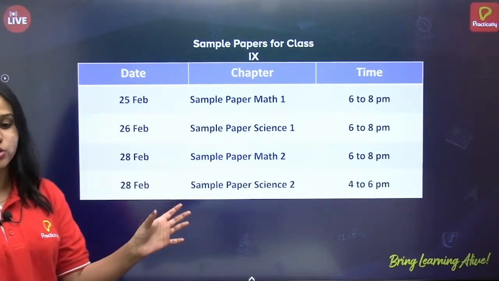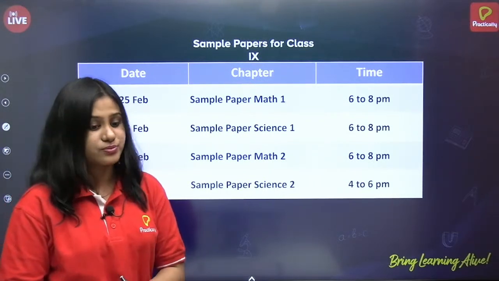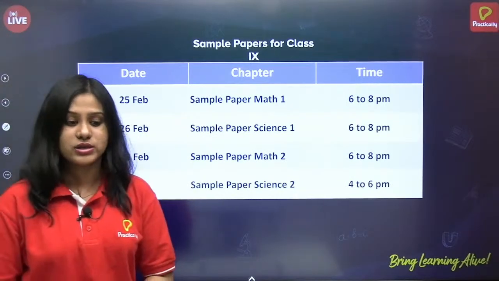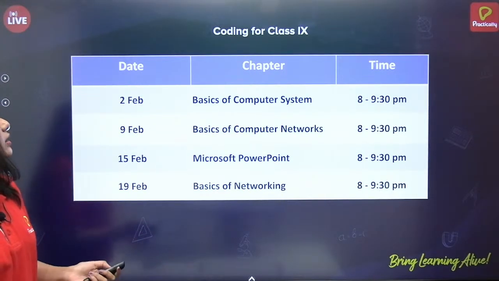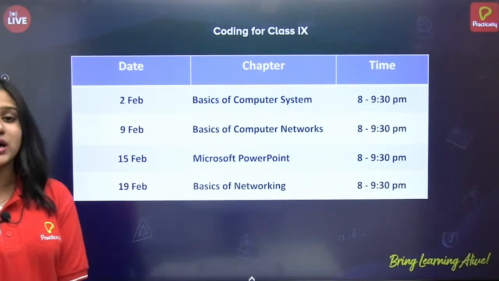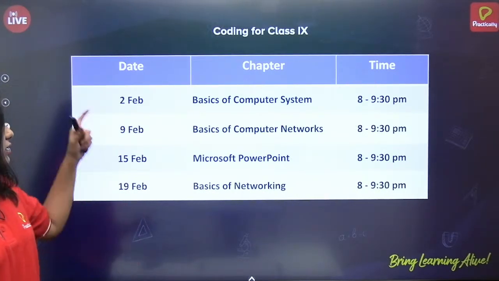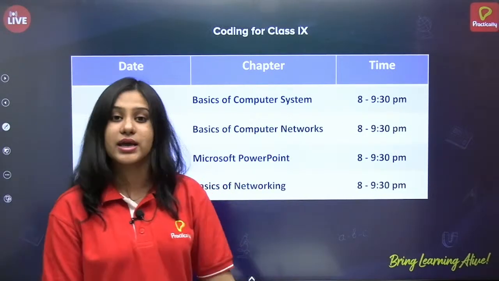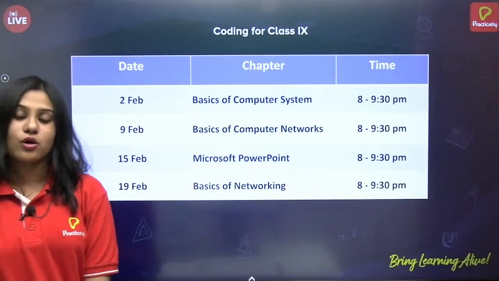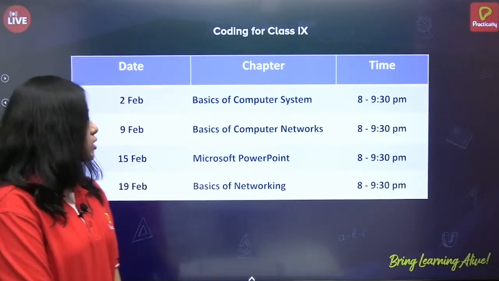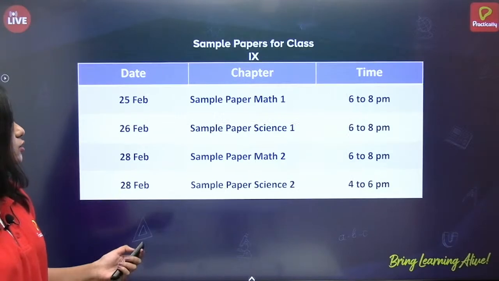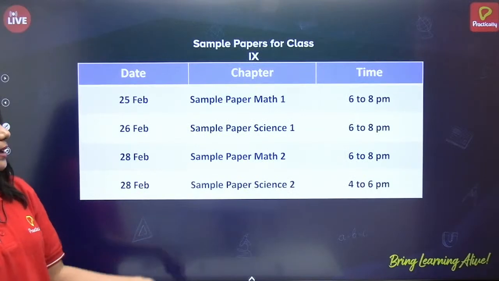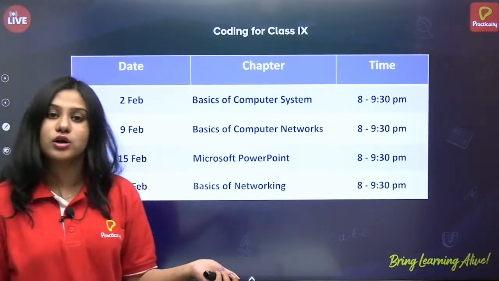That slot is also from 6 p.m. to 8 p.m. We have 4 sample papers, 2 of math and 2 of science. Next is coding, for class 9 computer science. These are the dates on which coding classes will be held, and the time slot is 8 to 9:30 p.m. I hope the schedule is clear. If you want, you can take a screenshot. This is for one shot, this is for sample papers, and this is for coding.